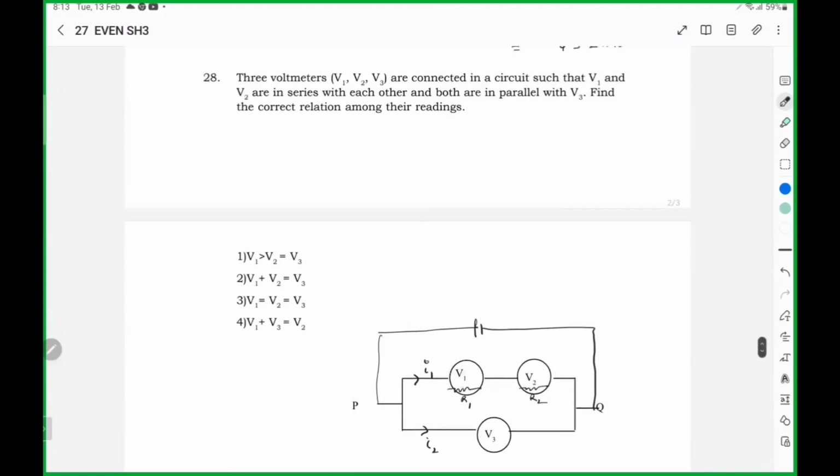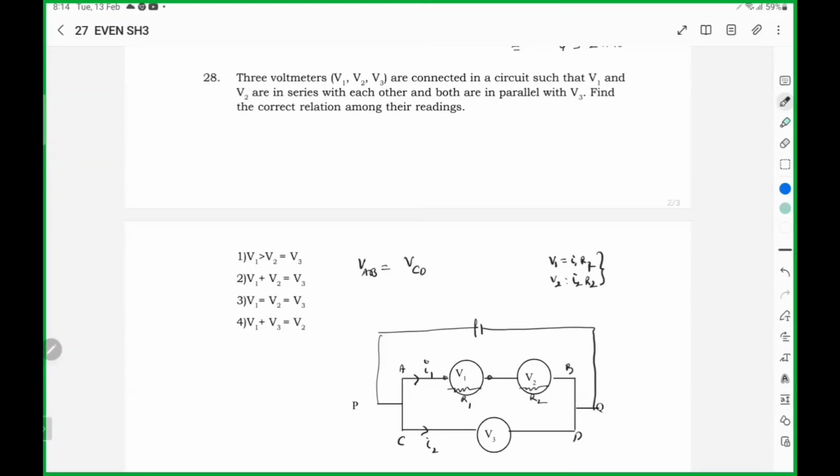The reading in the voltmeter is I1 R1, and in the other it is I2 R2. So these two are different. The current is the same, but the potential difference across this voltmeter is different. Since they are connected in parallel, the potential difference across AB is equal to the potential difference across CD.